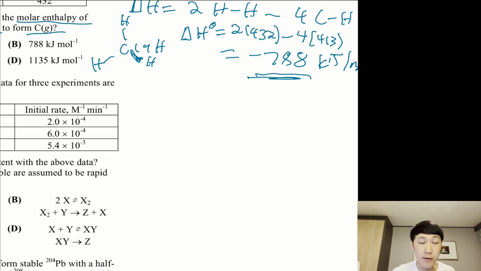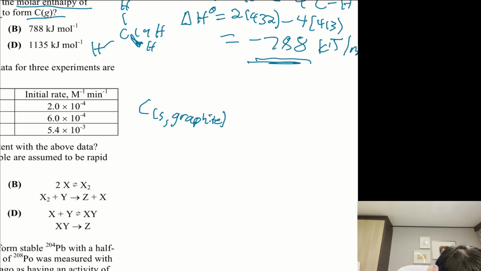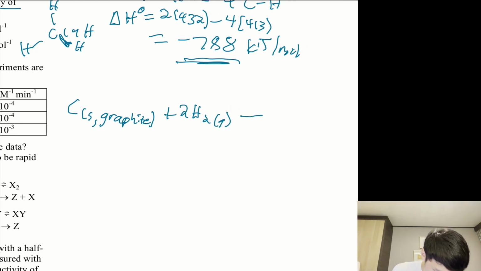And we know that the heat of formation is defined by the compound forming from its elements in their most stable state. And for carbon, that's actually graphite. So that's going to be carbon graphite, plus our hydrogen gas. We're going to need two of these. And that's going to yield our CH4 gas.